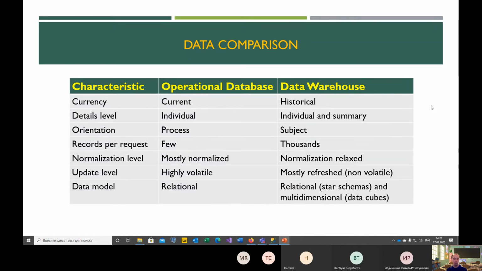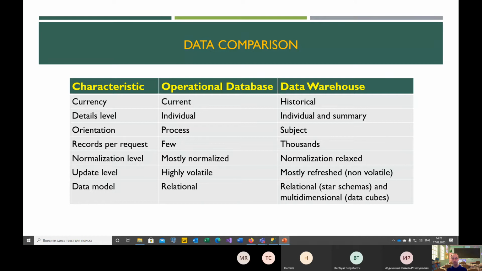So there can be specific characteristics of what we have in the operational database and also in the data warehouse. As for the availability of data, we have the current data, what is in our database, and we also have this historical view of what was in our database before.